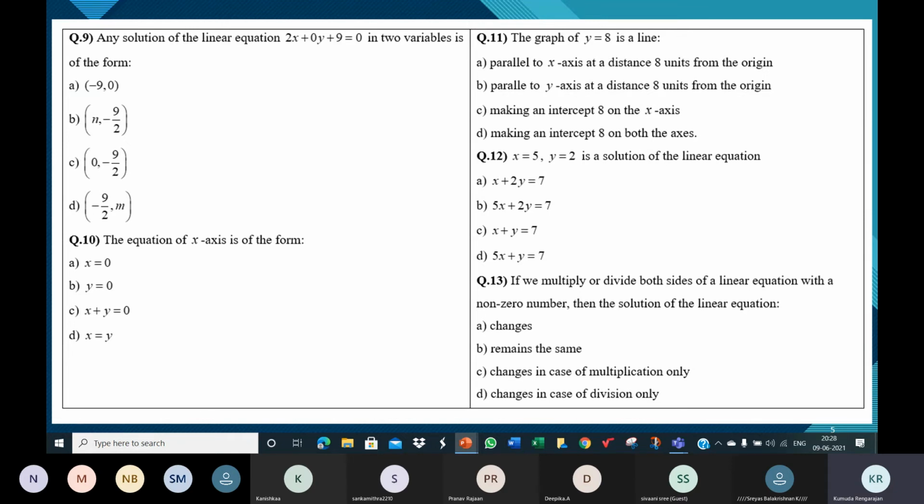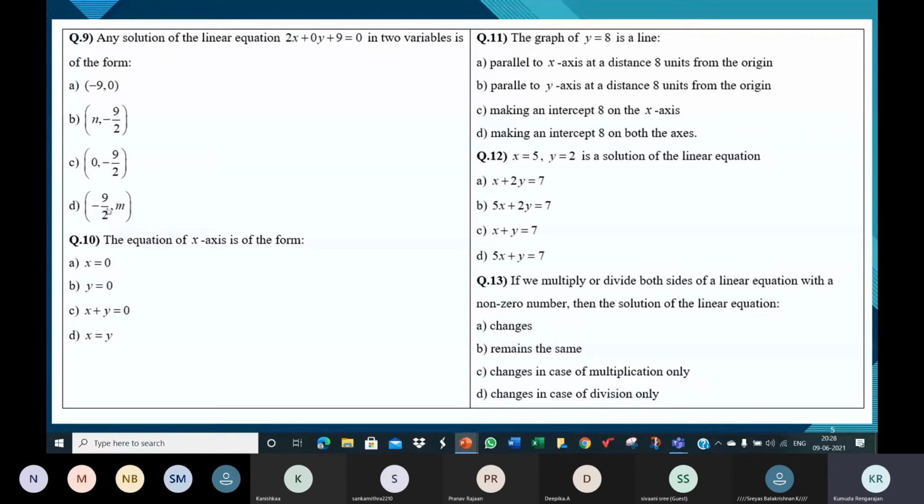That's what we understand by x is equal to minus 9 by 2: x is always minus 9 by 2, irrespective of the value of y. Whatever be the value of y, x will always be minus 9 by 2. That is what is indicated in option D: the x coordinate is always minus 9 by 2 for any value of y. That's represented by m.